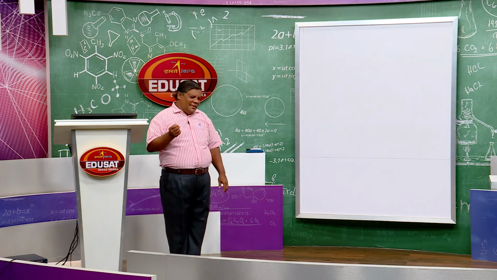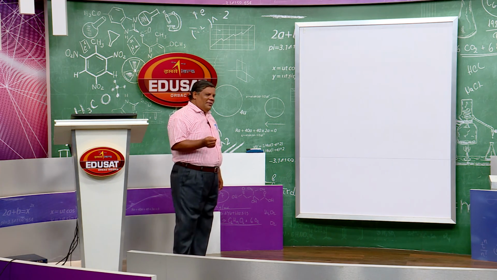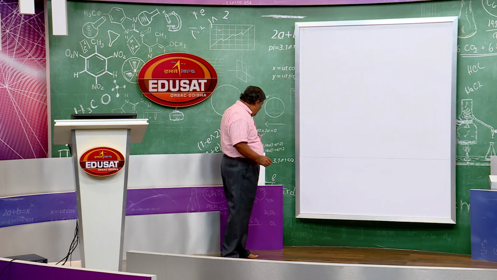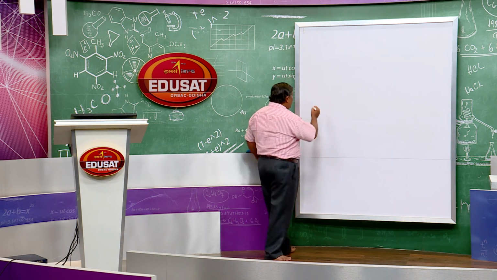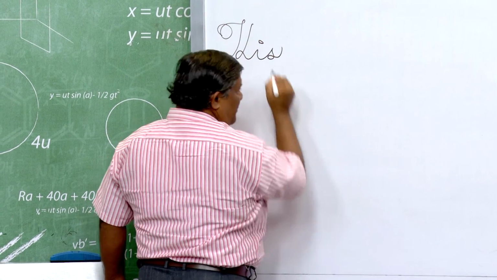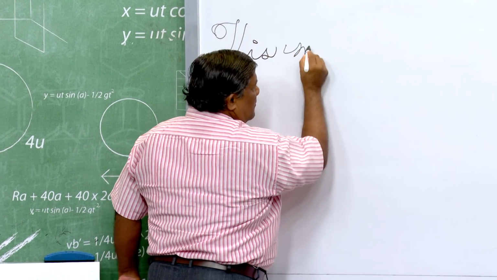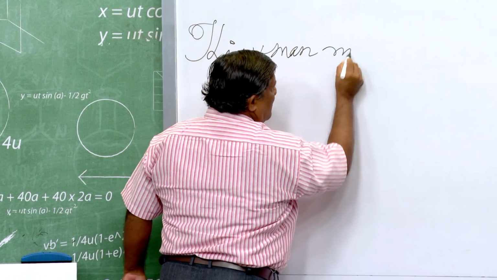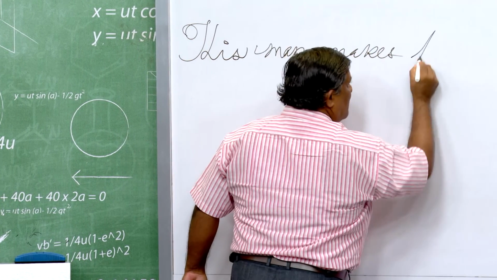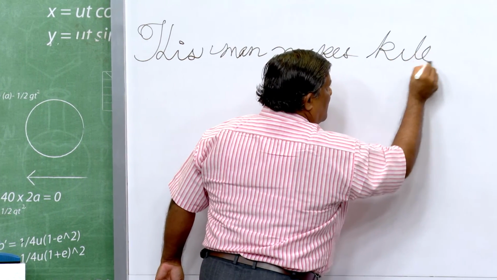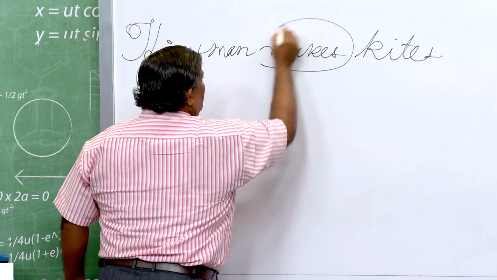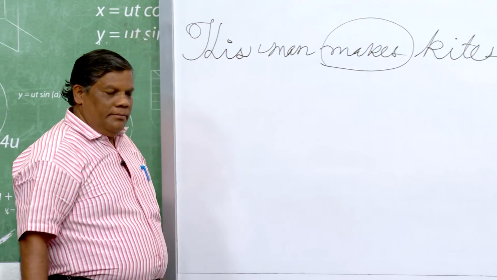So, if a sentence has one verb, this is the verb that carries tense, and here we have the sentence and here this is the verb makes.